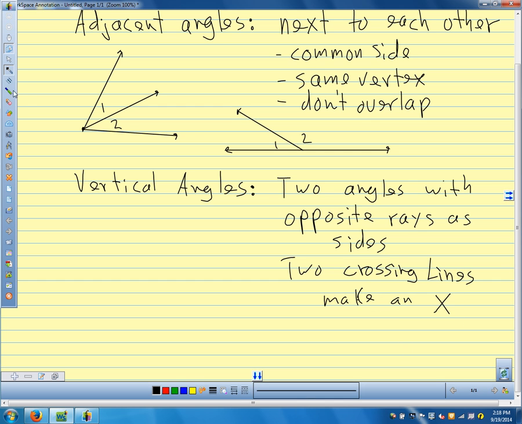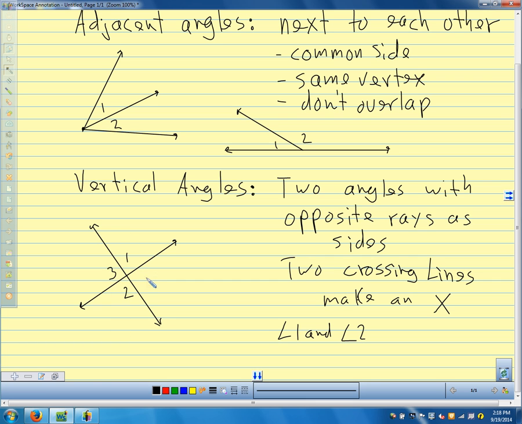So vertical angles, there are my two crossing lines. And the reason we call them vertical angles is we usually think about angle 1 and angle 2. They're vertical, they're across the X from each other.